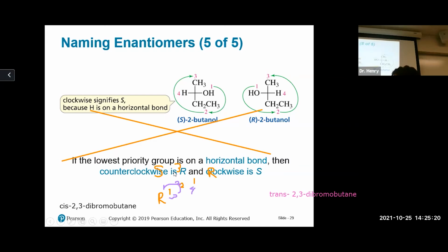Then the one up here, the number on top of the 4, that's 1, that's 2, that's 3. That's also going clockwise, right? So then they're both SS. So that means the other side would be RR.